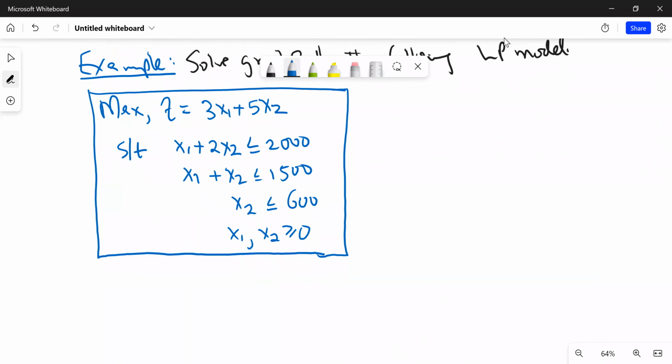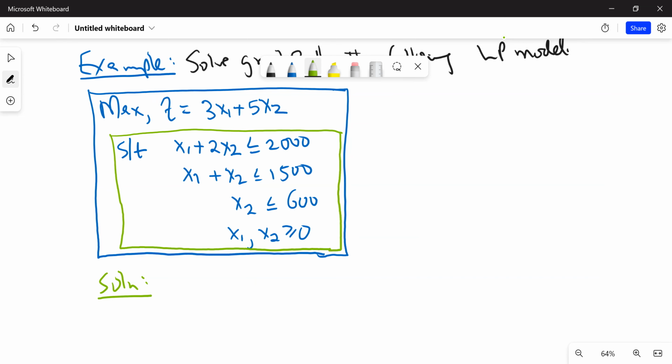Then the non-negative constraint is that x1 and x2 are both greater or equal to 0. How do we solve this? So basically what we'll be doing here, we will be plotting all the constraints. We want to represent this graphically.